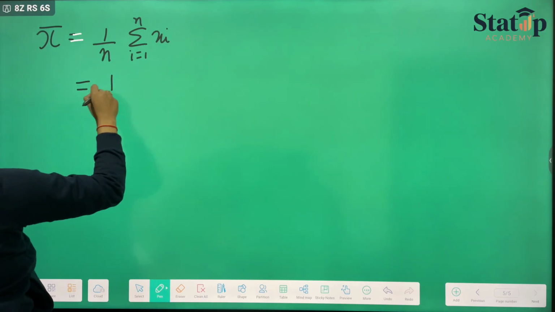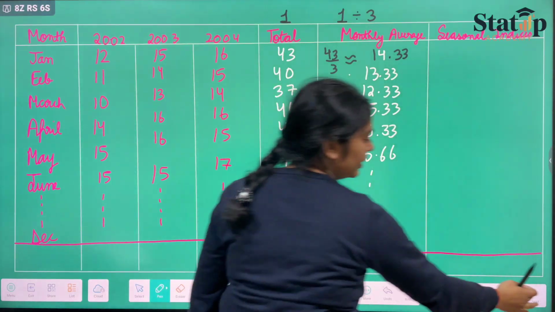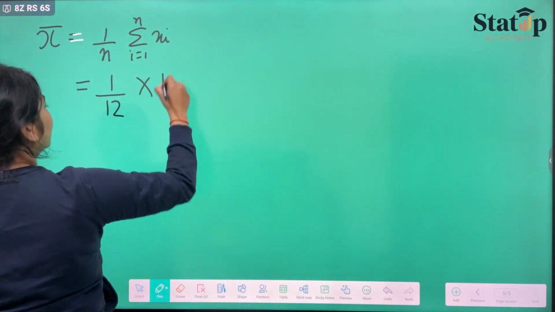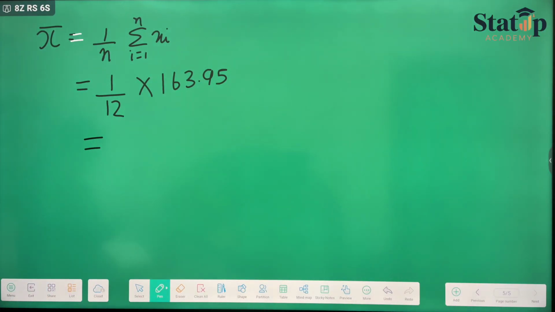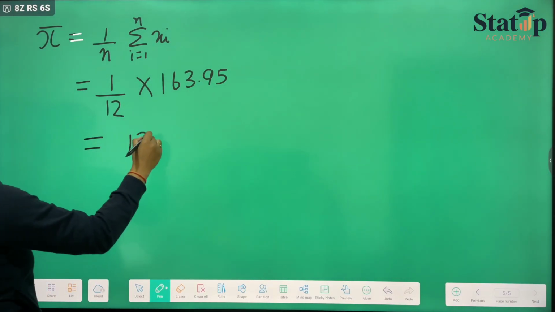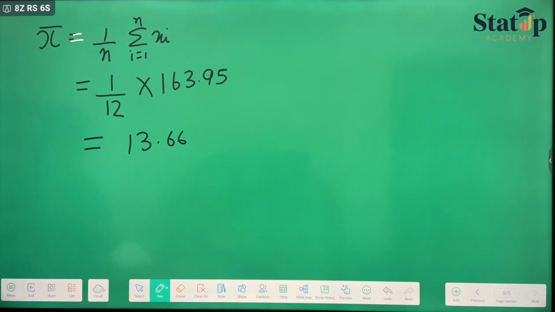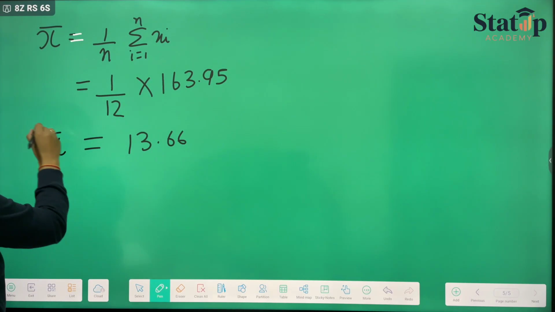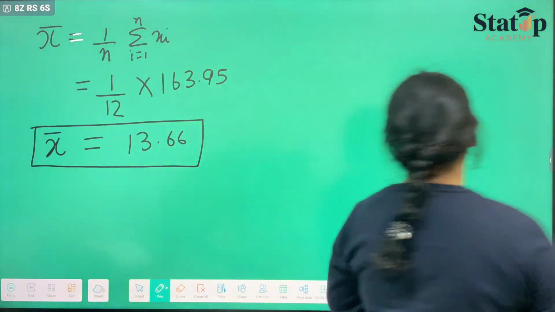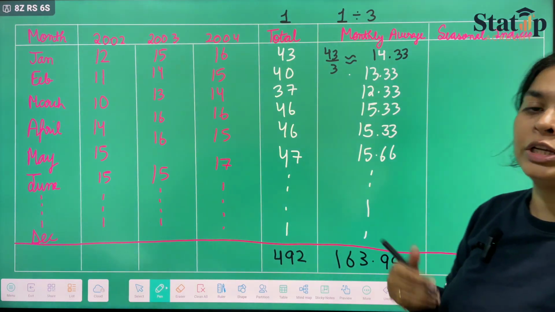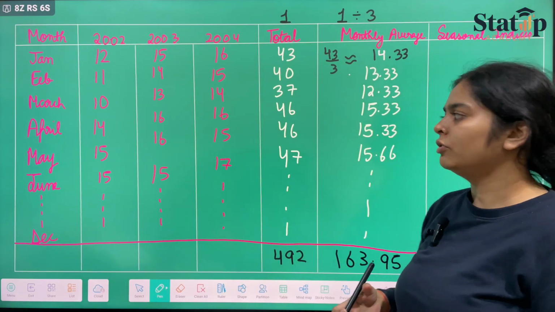So 1 upon n is 1 upon 12, and the summation is 163.95. From here we get 13.66. So this is our x bar, and this is how we have calculated the monthly average for all the months. If only January and February had been given, we would have divided by 2 instead of 12.